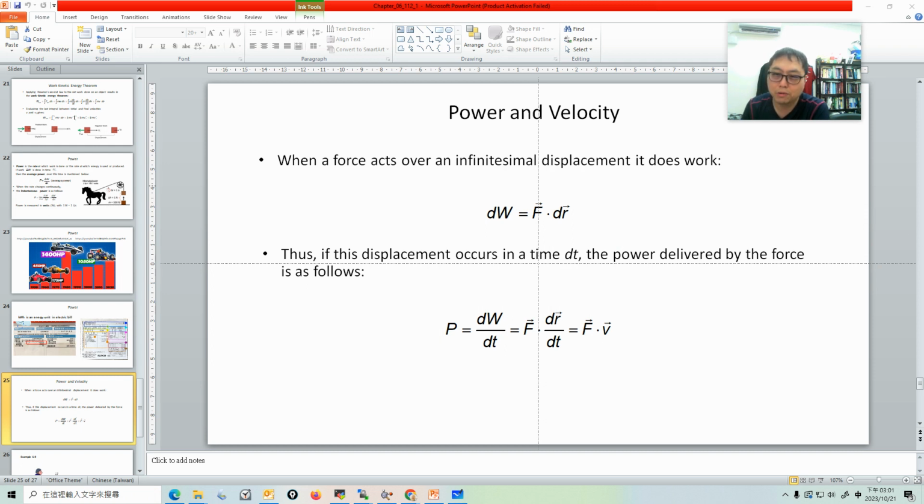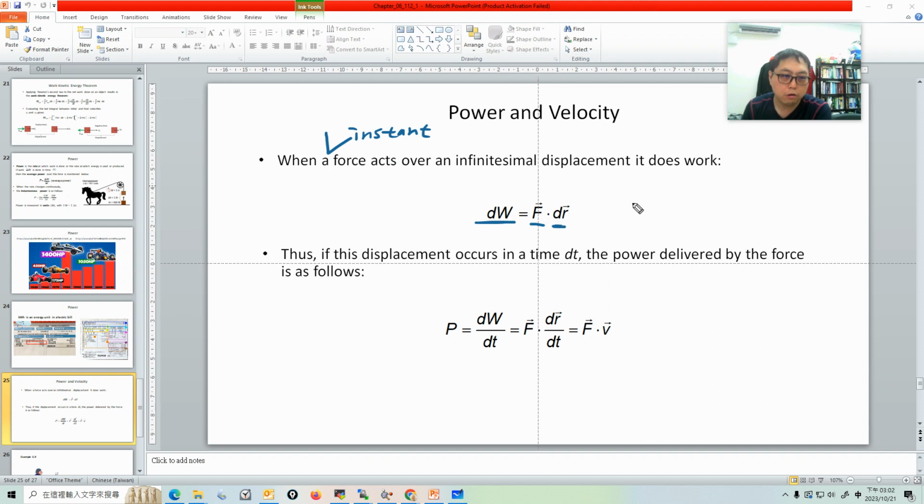So when the instantaneous force acts over an infinitesimal displacement, it does the work dW. Like I said, d is not distance; it means a very tiny amount of work, and it's F dot product with the displacement.